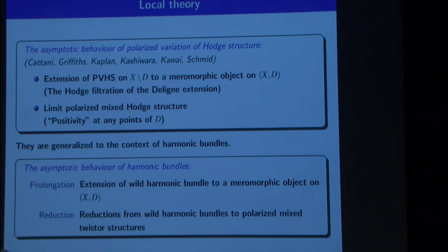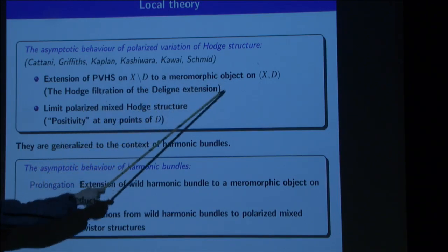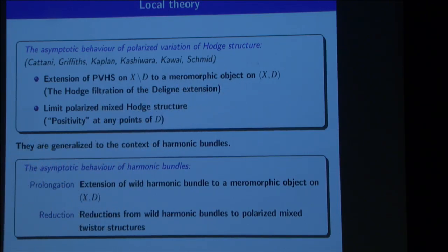But it is highly non-trivial whether we can extend the Hodge filtration to a filtration of the Deligne extension or not. It is known as a consequence of the nilpotent orbit theorem of Schmid. So anyway, we can extend a polarized variation of Hodge structure on X minus D to some meromorphic object on X, D. That is a very important step in the study.